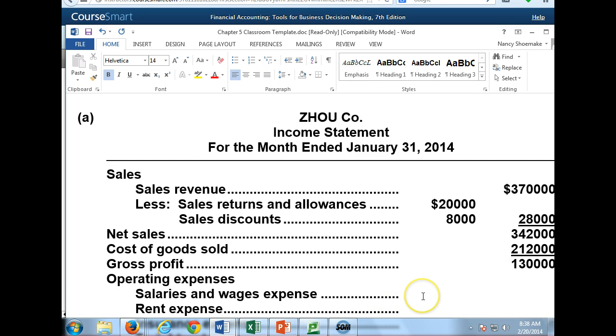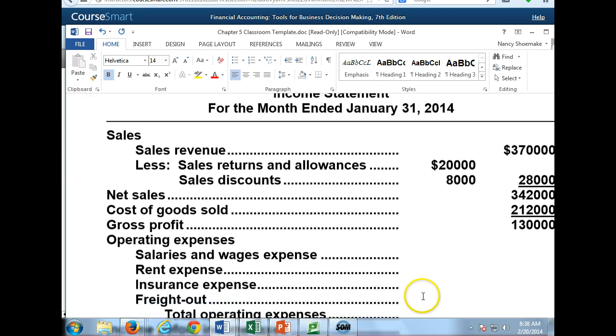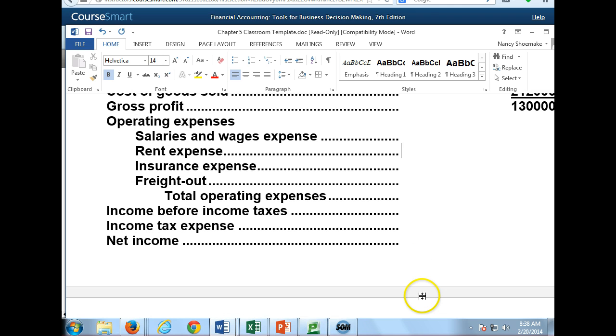Now we've got our various operating expenses. Salaries and wages expense. Rent. Insurance. Freight out.